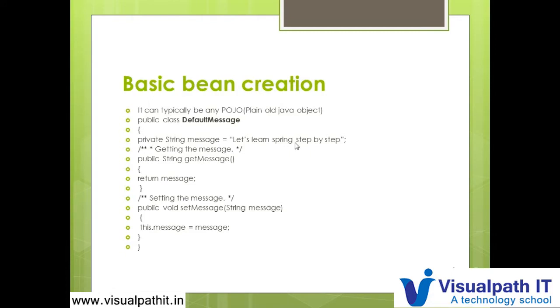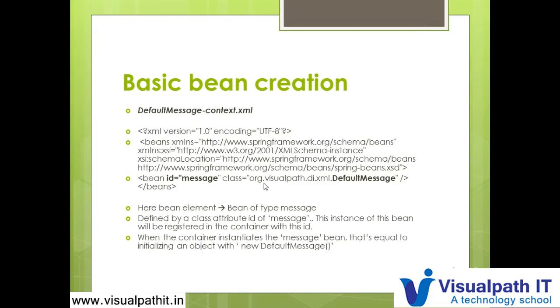If I consider this class to be within org.visualpath.vi.xml.DefaultMessage, DefaultMessage is the name of the class that I am declaring here. So this particular line, bean id equal to message within the inverted commas, class equal to the complete path of the DefaultMessage class, declares the DefaultMessage within the bean ID.